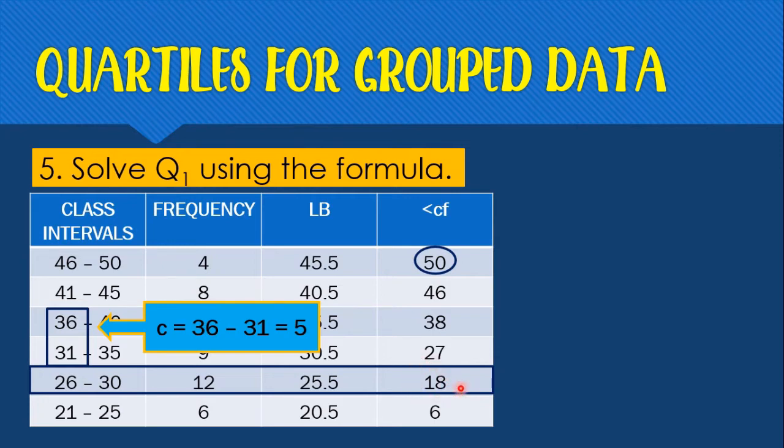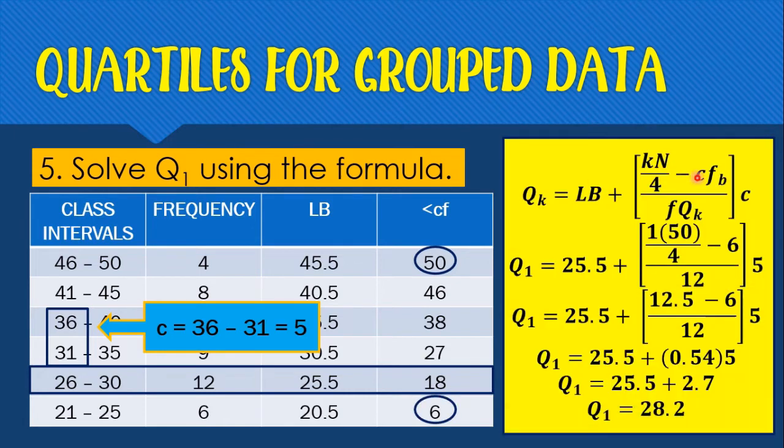And for the less than CF, since it's 18, but what we actually need is the cumulative frequency of the class before it. So before 18, we have 6. So we substitute to this given formula.